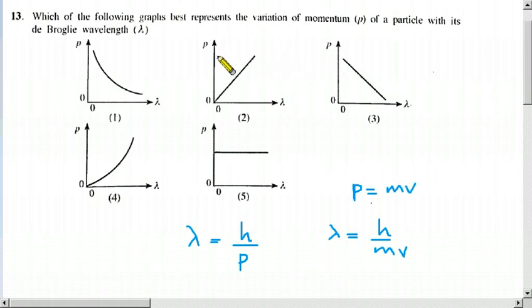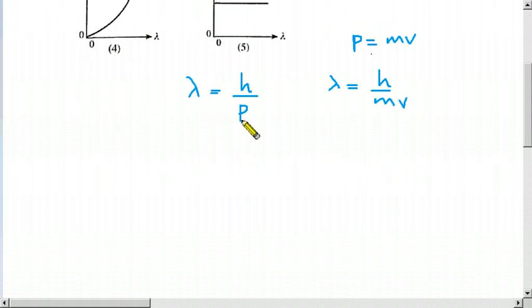But here they have taken momentum p on the y-axis. So therefore we have to isolate p here. We have to write p equals h divided by lambda. So now the left side is okay.